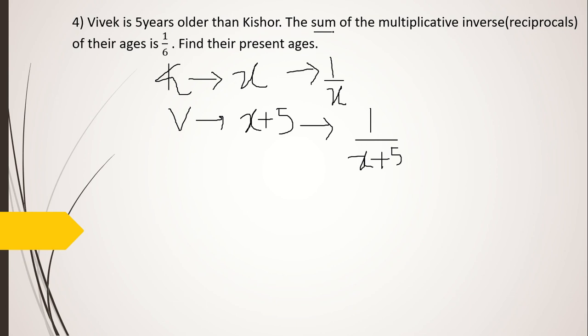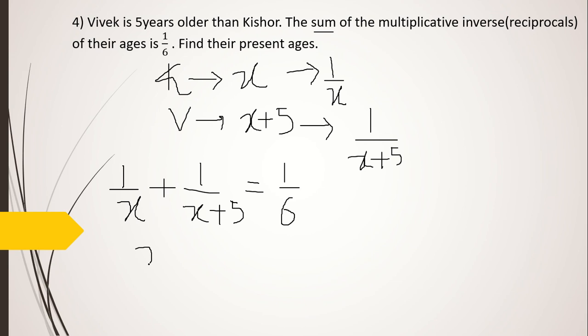Now, what they have said, sum of multiplicative inverses. So, take a sum. Therefore, by the given condition, the sum of multiplicative inverses is how much? It is given as 1 upon 6. Okay. Now, solve this equation.